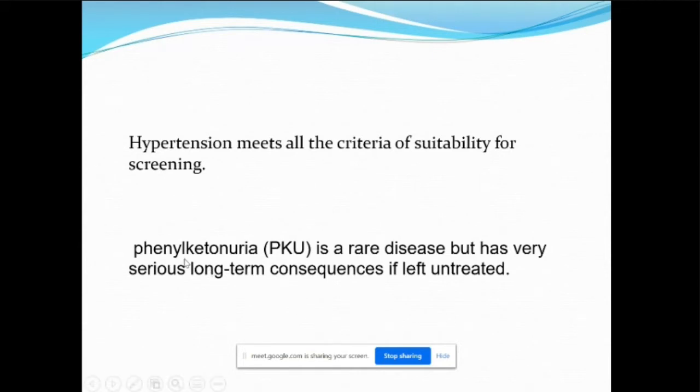The other disease is phenylketonuria, an example of a rare disease, but it is a serious health problem because, if not treated, it leads to irreversible mental retardation in a newborn.